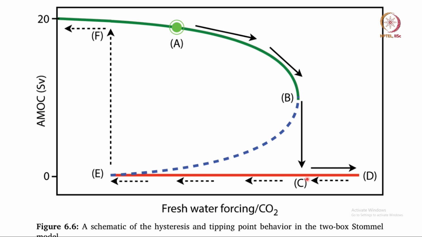We saw that the Atlantic meridional circulation has a natural variability of a few Sverdrups due to year-to-year variation in ocean temperature and circulation. But we are concerned about the long term, because we know that sometimes this circulation stops. So, this is the thing which we want to understand and which we will now discuss in some detail.